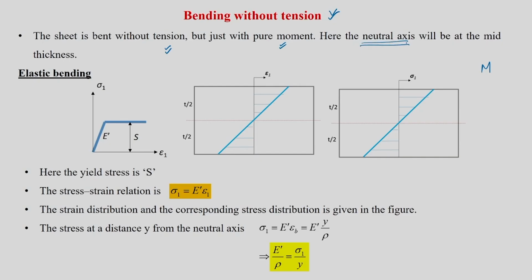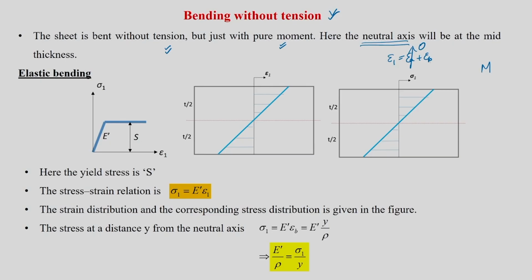When we say there is no tension and only moment, what will happen to epsilon 1? In this case, epsilon 1 is nothing but epsilon A plus epsilon B, isn't it? Since the neutral axis will be at the mid thickness, epsilon A will become 0. So, epsilon 1 will be approximated to epsilon B directly.